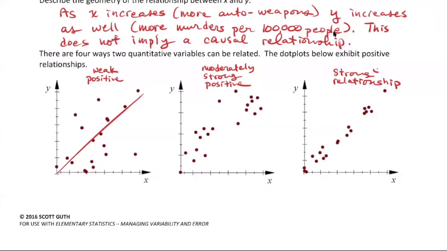Okay, and I'm going to do a little asterisk here just to define what strong means. So here, strong relationships are those which allow accurate predictions.